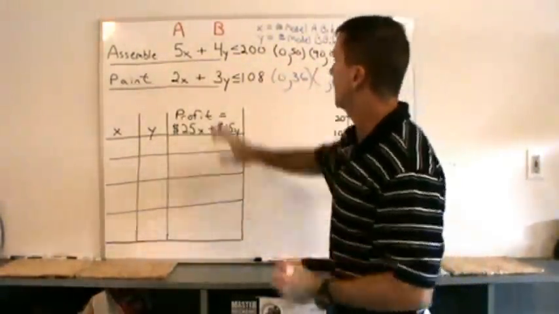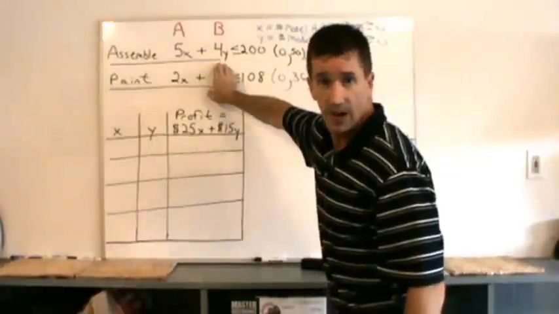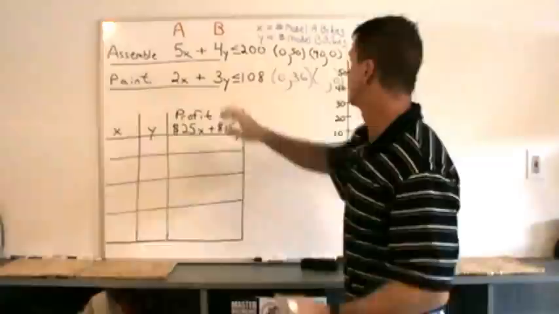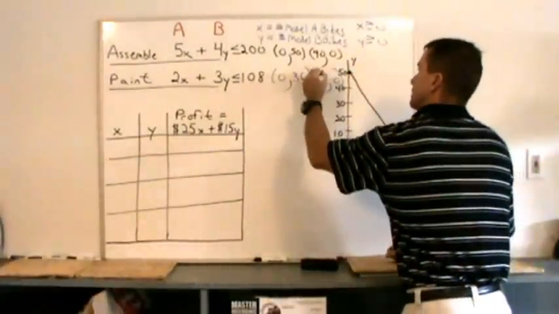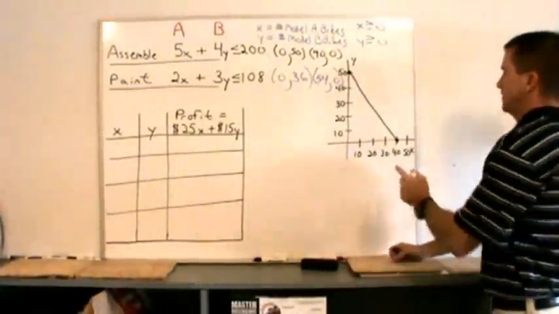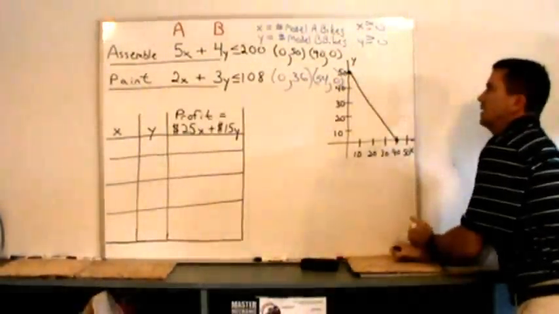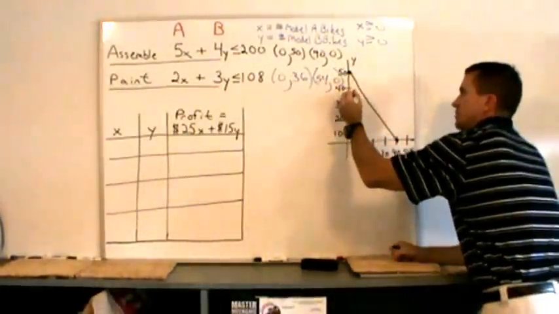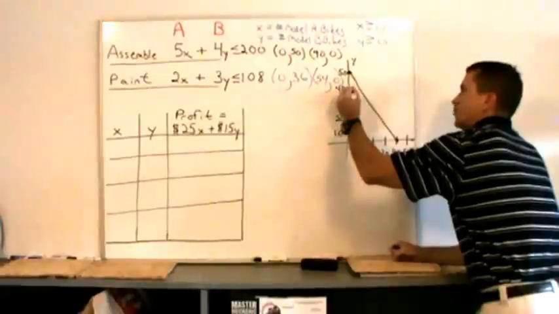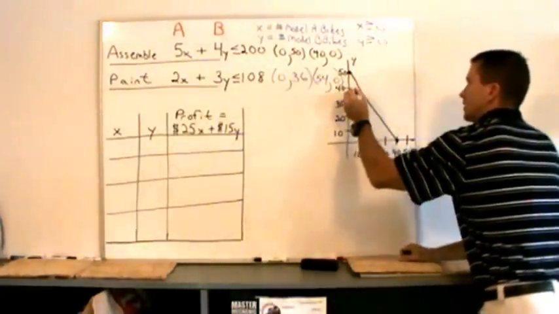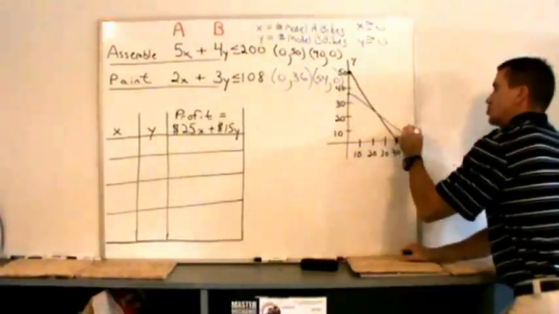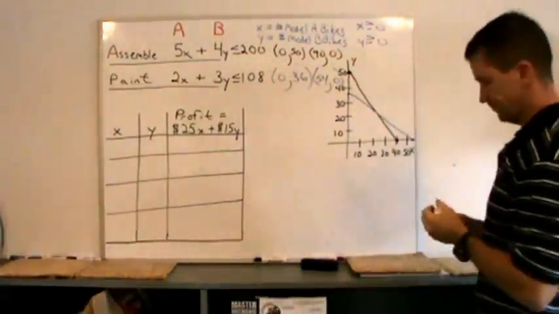If Y is 0, 2 times X equals 108, X equals 54. All right, so I'll plot that. 54 comma 0, that's way over here. And 0, 36 would be right about there, in between 30 and 40. Let me graph this line. There's that straight line.